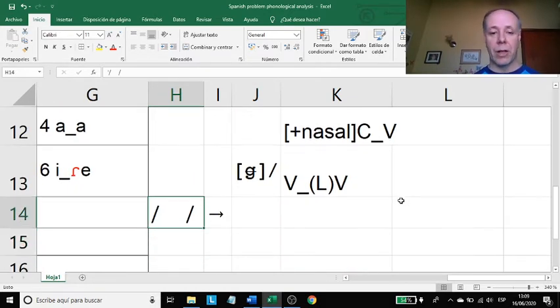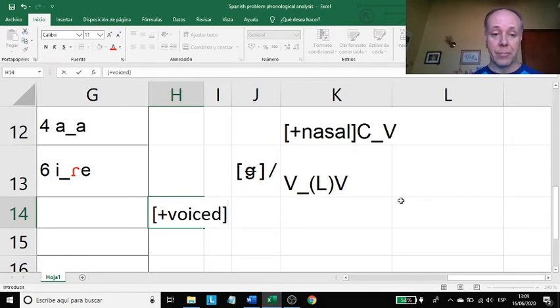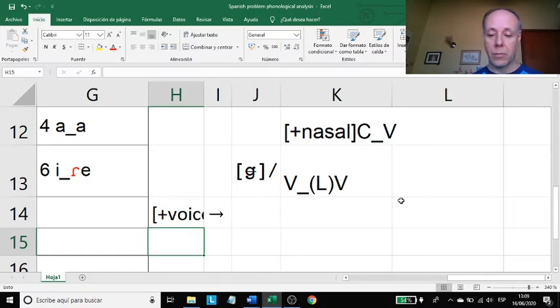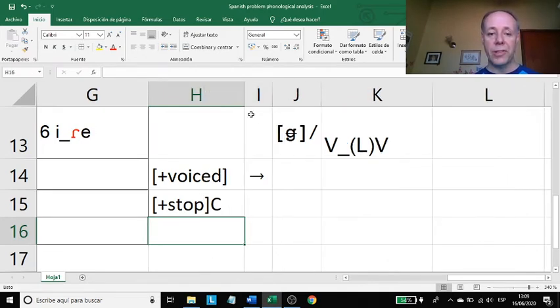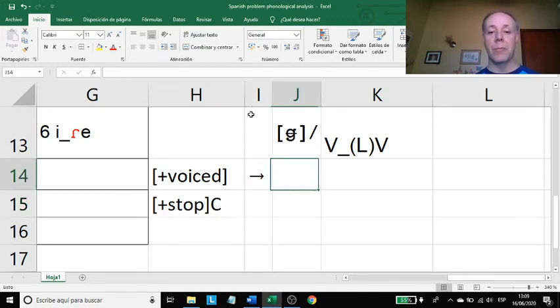So, what should I write then? I should write voiced stop consonants, like this. Voiced stop consonants, meaning b, d, and g, become what?